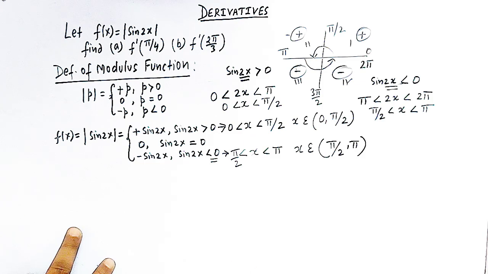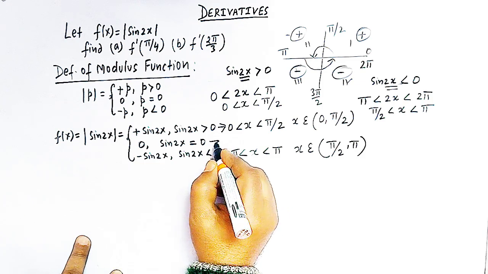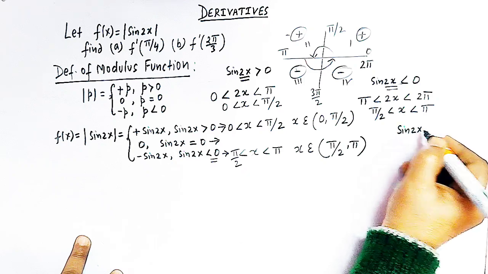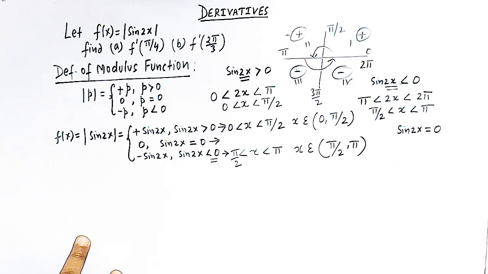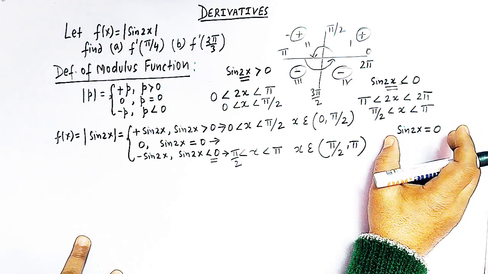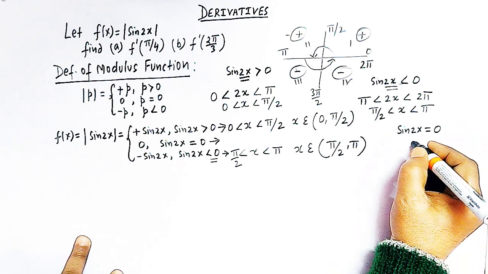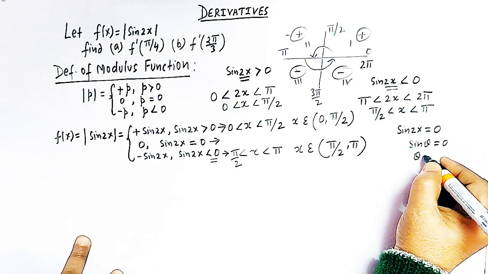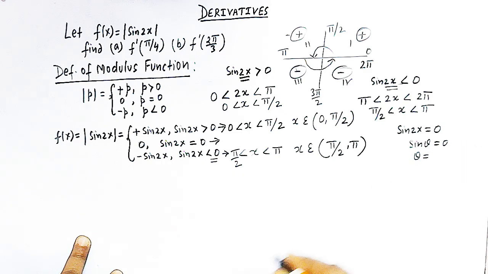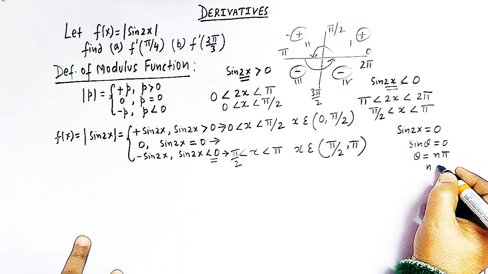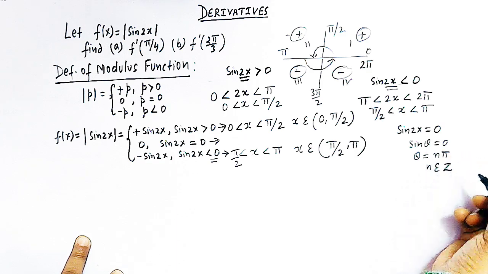Okay, so now let us come to this one. Here we have sine 2x equal to 0, right? Now this is a trigonometric equation, and we know that sine theta is equal to 0 when theta is an integral multiple of pi, that is, theta is n pi, where n belongs to the set of integers.